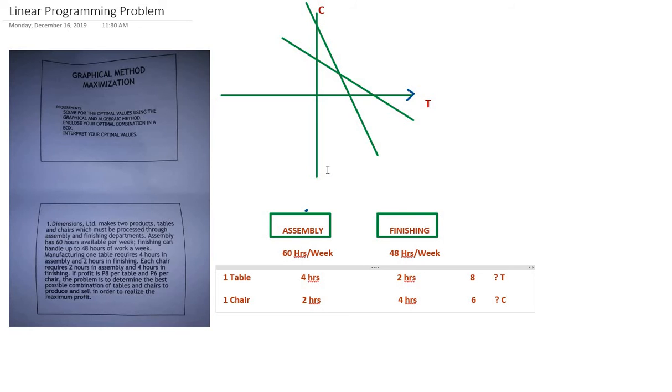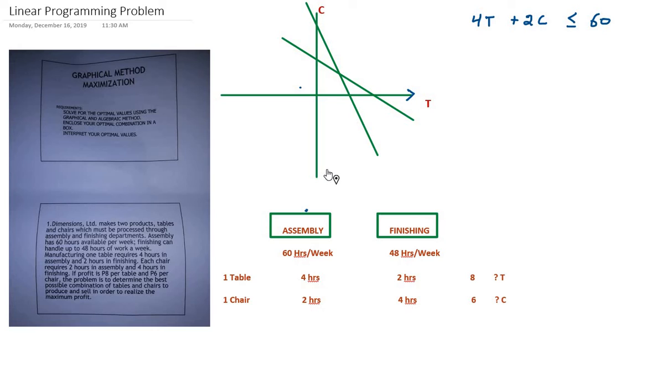So what will be the total time spent for T number of tables? 4T. And what will be the total time spent for C chairs? It will be 2C, right? C chairs are there, so the total time will be 2C. So 4T plus 2C has to be less than or equal to 60, right? It's given that in assembly we can have a maximum of 60 hours.